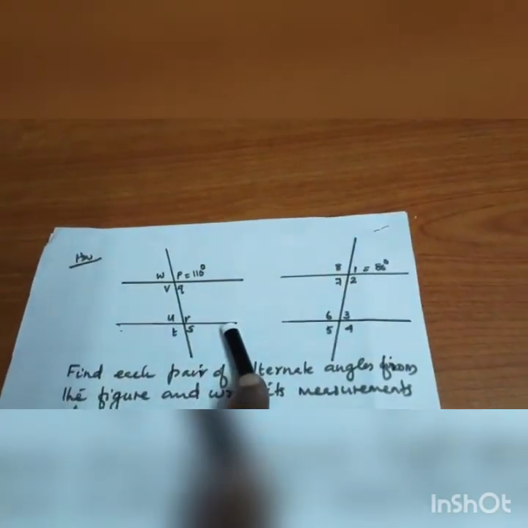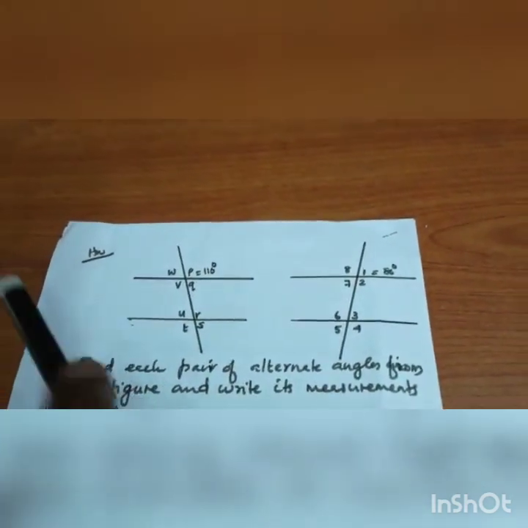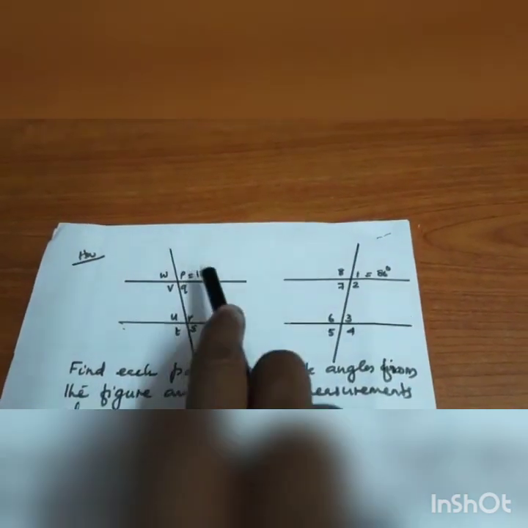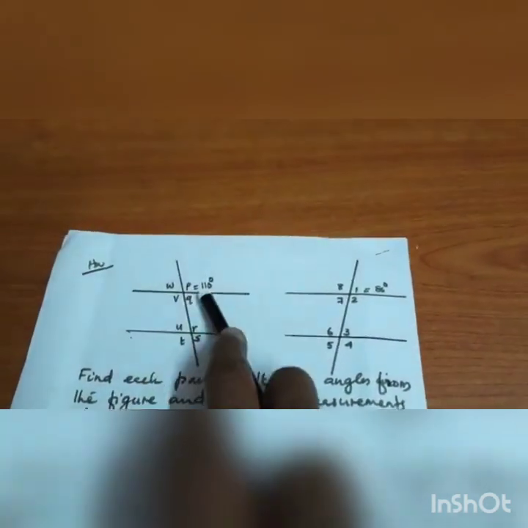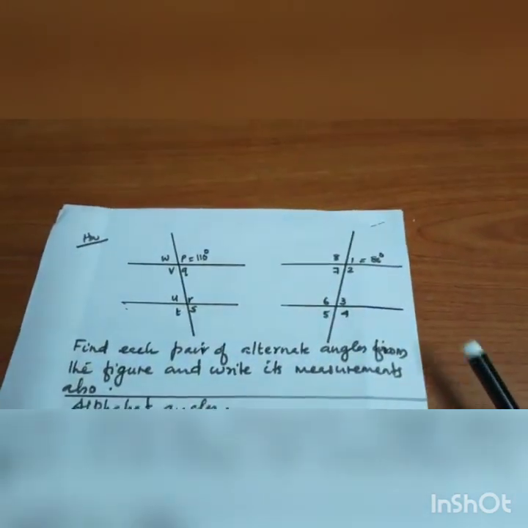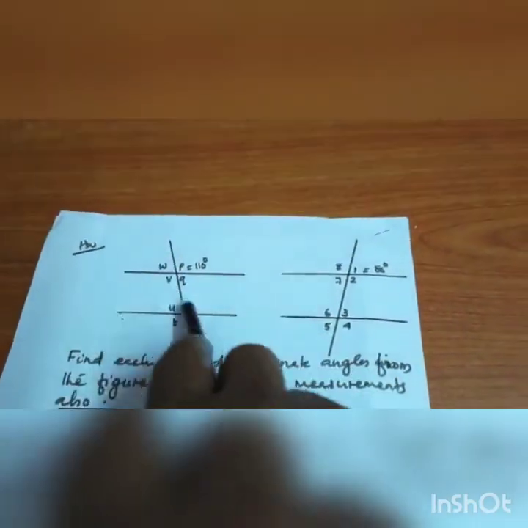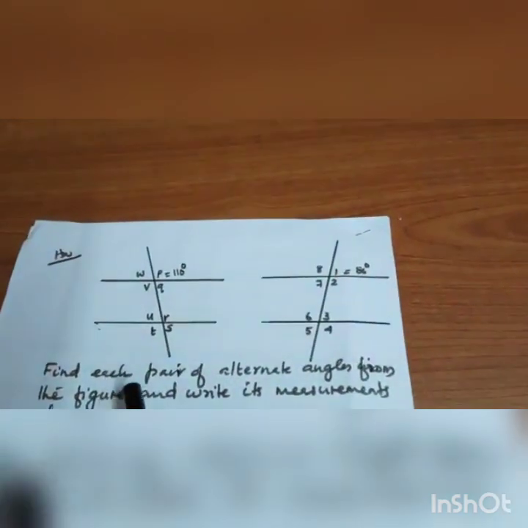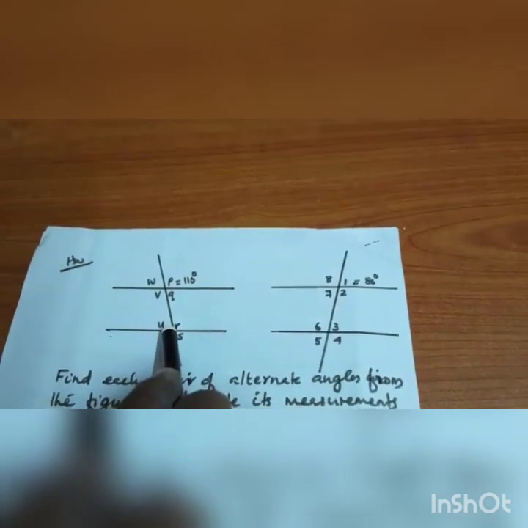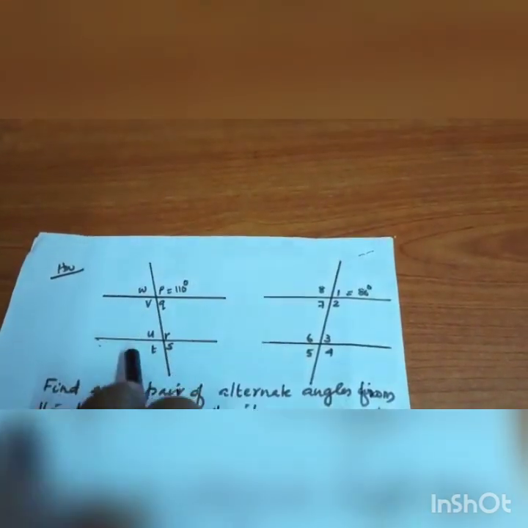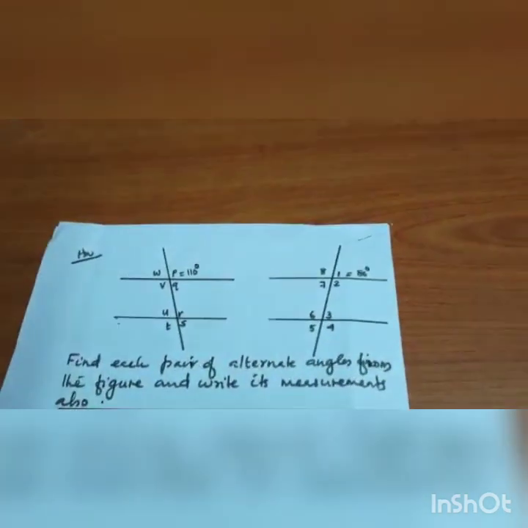You have to find the other angles using the principles: linear pairs are supplementary, opposite angles are equal, corresponding angles are equal. Using these 3 principles, you can find the other 7 angles in this figure. Then, write each pair of alternate angles in this figure.